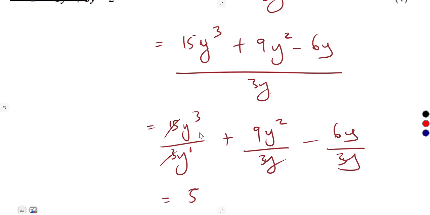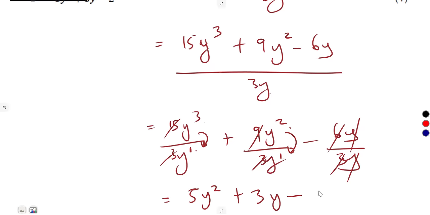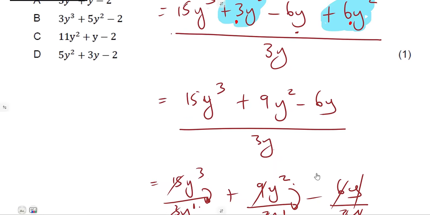Dividing, we subtract the exponents, so 3 minus 1, that's 2. 3 into 9, that's a 3. We subtract the exponents, 2 minus 1, that's 1, which is just y. Minus the y, and the y is going to cancel, so 3 into 6, that's a 2. 5y squared plus 3y minus 2.